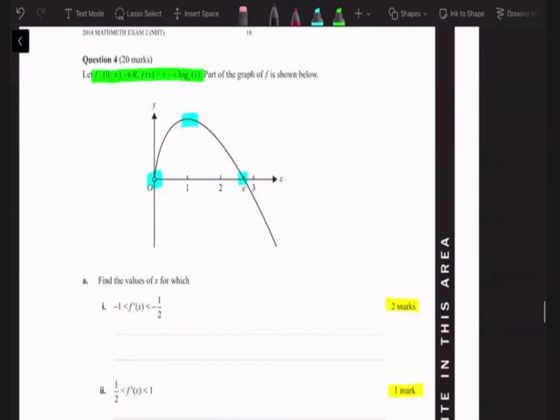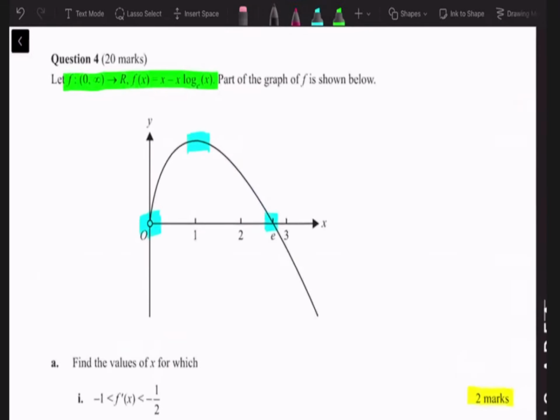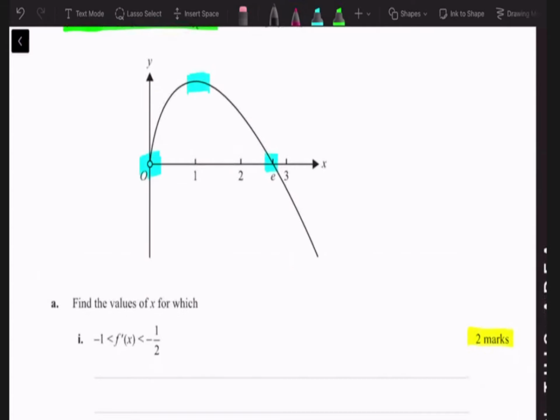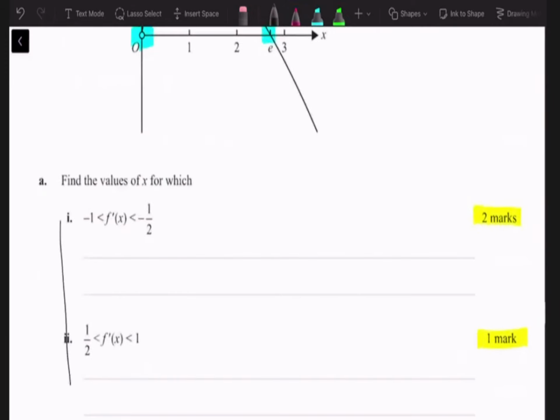So last question, question 4. We start off with a function x minus x ln x, and we need to find the values for which f dash x is between -1 and -half. For these two questions it's just a CAS question, but for 2 marks for this one, you might want to define what f dash x is.